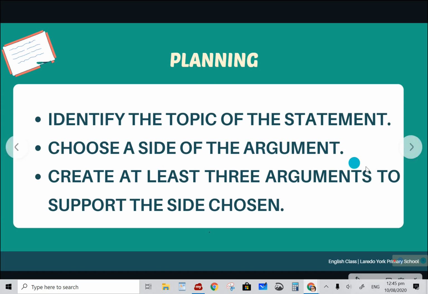And the 3 arguments should be independent of each other. They should not be arguments that are related to each other or are worded differently but mean the same. They should be independent arguments.